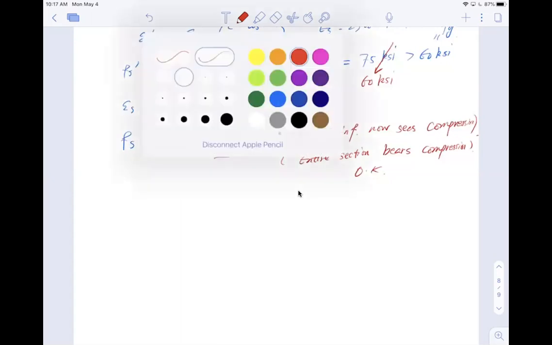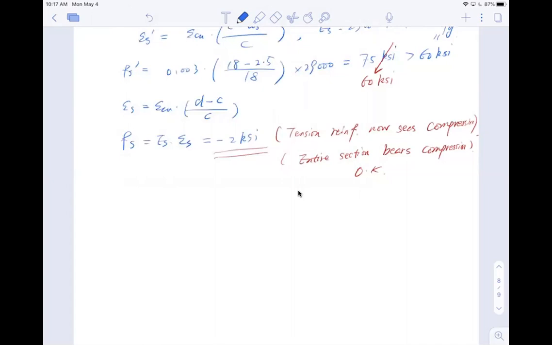Now I want to calculate my total force. P, total force, equals Cc plus Cs prime minus Cs. Be careful a little bit.